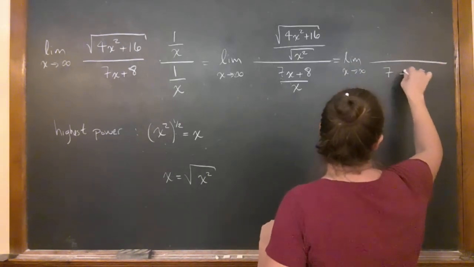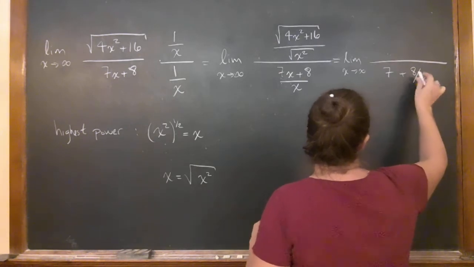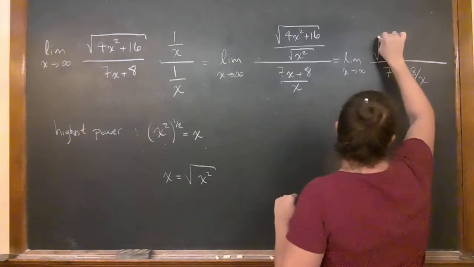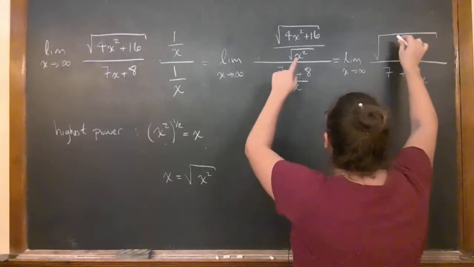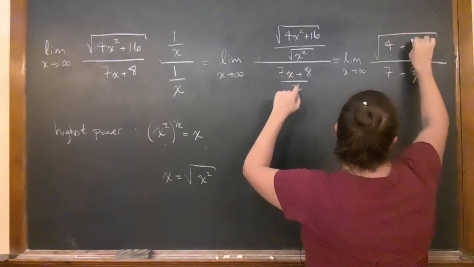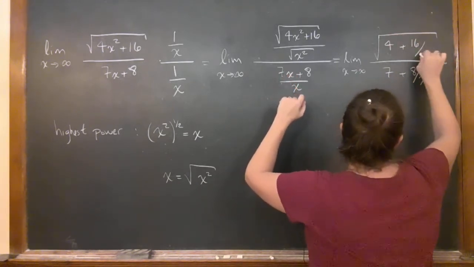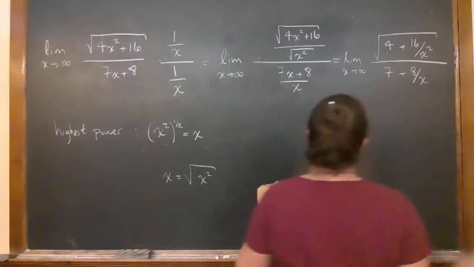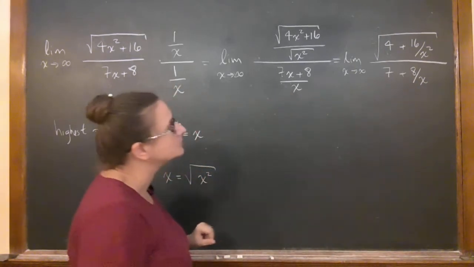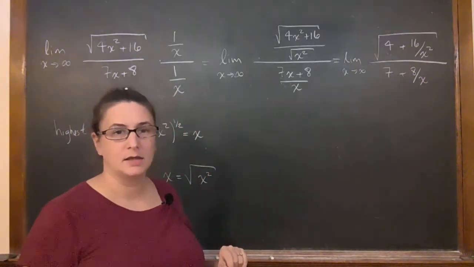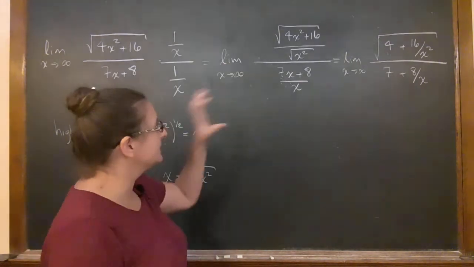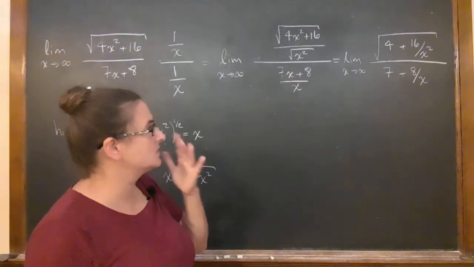So this just becomes this. And then I have the whole thing under the square root. And I end up with this. Okay? So you have to be a little bit careful. That's why I did it in an extra step.